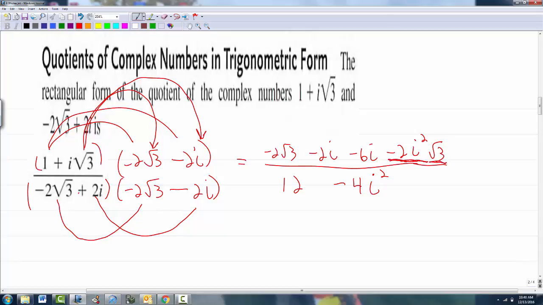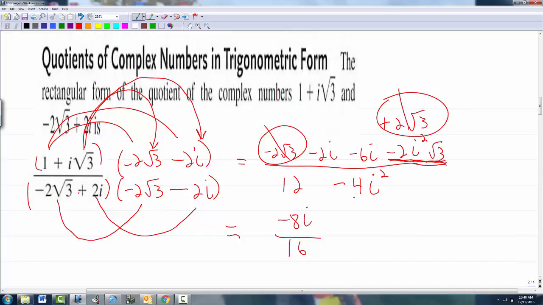This becomes positive 2 root 3. Ooh, what happens with these two then? They cancel. And then all I'm left with is -8i over that 16 that we said, because this is 12 plus 4. Not only can't you, you have to. What's -8i over 16? Or -i over 2. I just like to see the -1/2 sticking out.